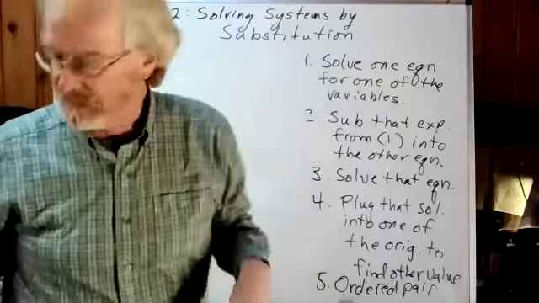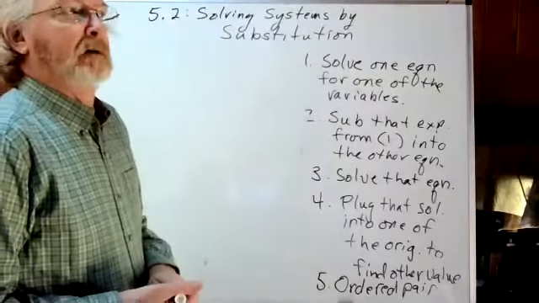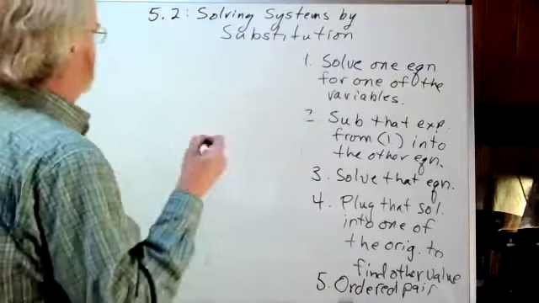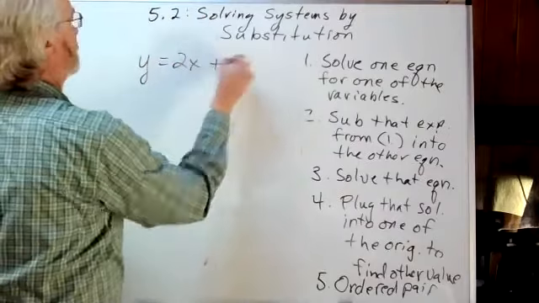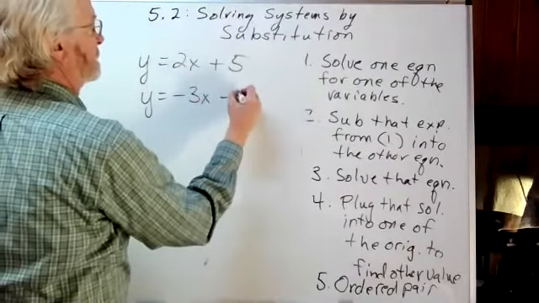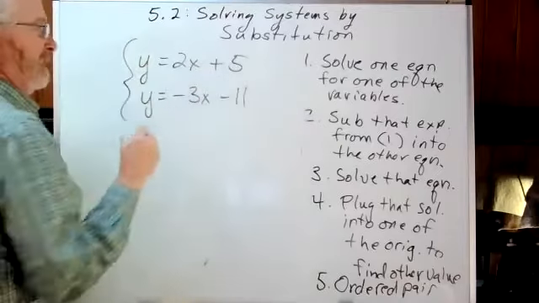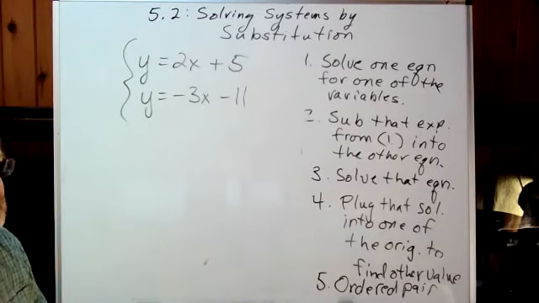Now I do want to present one more type. I'm going to make something up, and I'm not going to try to solve it right now because who knows how it'll turn out. Here's a system: 2 equations, and they're both solved for y already.